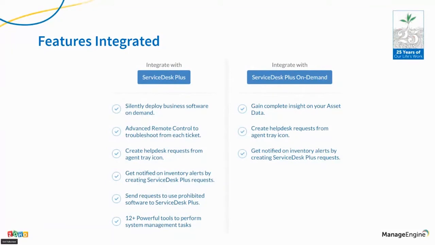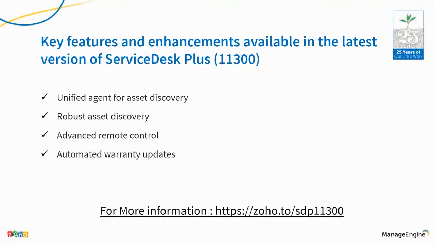Now, before I go into each feature and tell you how it exactly looks like or what it does, there are some key enhancements available with the Service Desk Plus product recently. So from version 11300 on, it's going to be a unified agent. What we are trying to achieve is to unify the agents for different products.